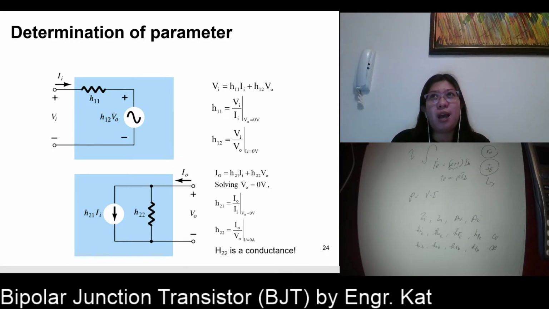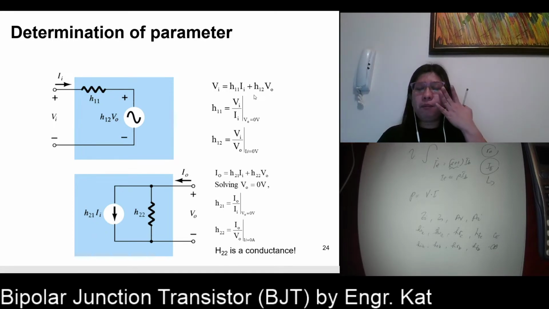That means if this is voltage, this H11 here must be resistance, because resistance times current will give you a voltage, or in terms of volts. So this H12 must be what? Unitless, because this is already in terms of volts. We need to add two terms which are in volts. That is what is meant by hybrid.